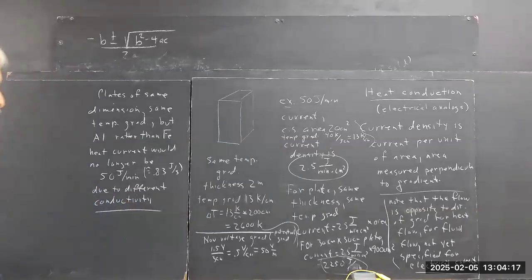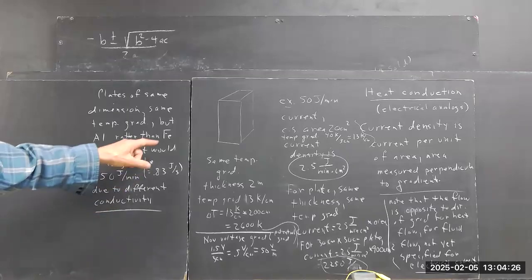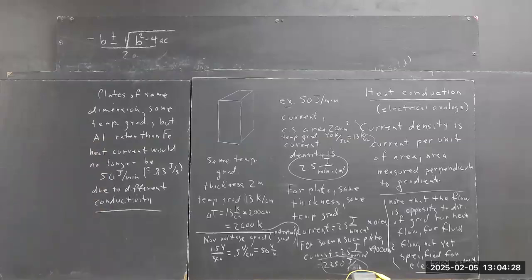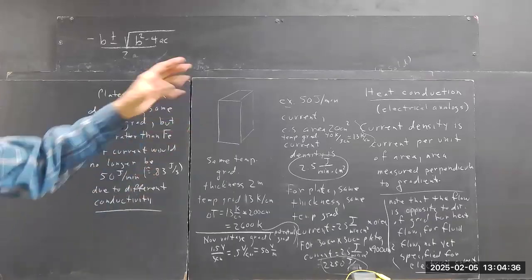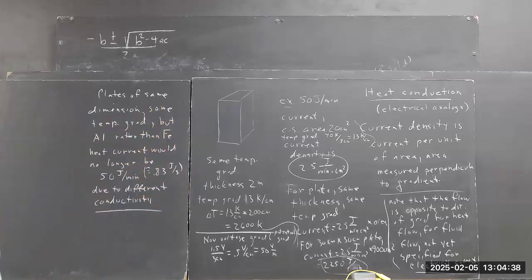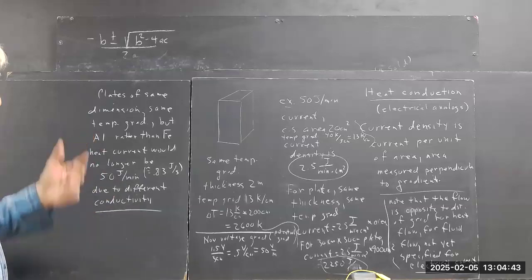Due to different conductivity. Y'all could take your phones and look up the thermal conductivity of iron, look up the thermal conductivity of aluminum, get the ratio, multiply that ratio by the 50 joules per minute that we're pretending is the heat current, okay? And you could get the heat current if it was aluminum.